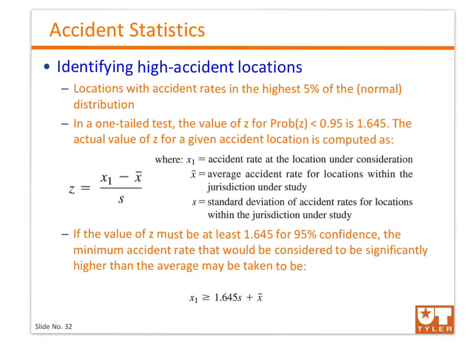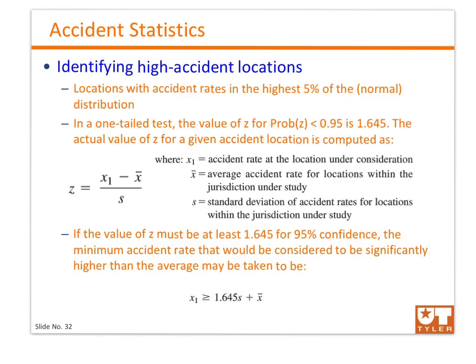It has to be higher than 1.645 times the standard deviation, plus the average accident rate. So once we locate an intersection that has an accident rate higher than 1.645 times the standard deviation plus the average, that means this location has a significant amount of accidents.